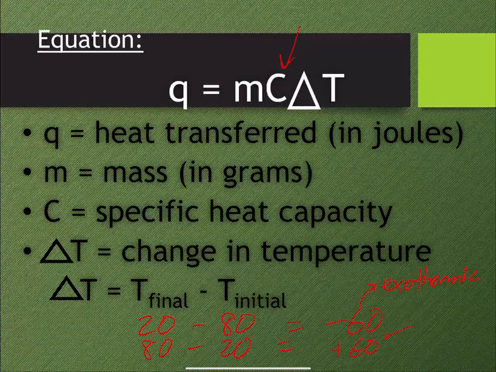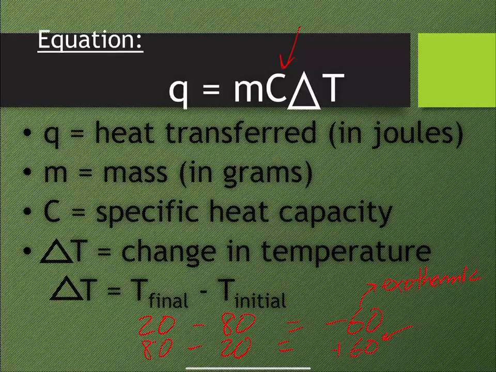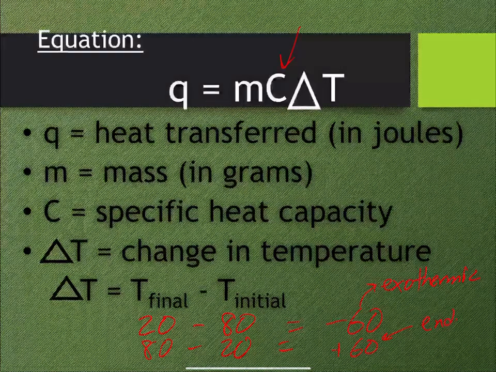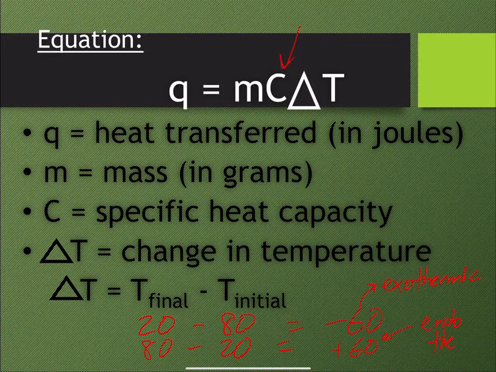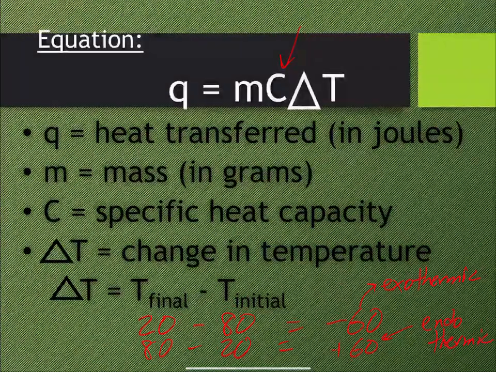When energy is entering our system, so the sun is beating down on that barbecue grill or the water, then it is endothermic because it's gaining energy.